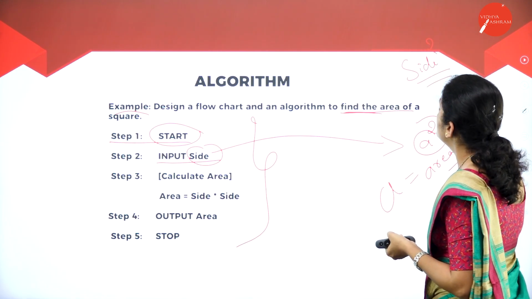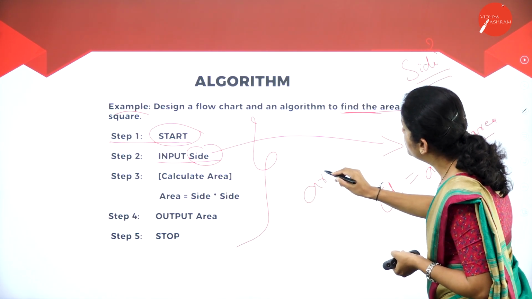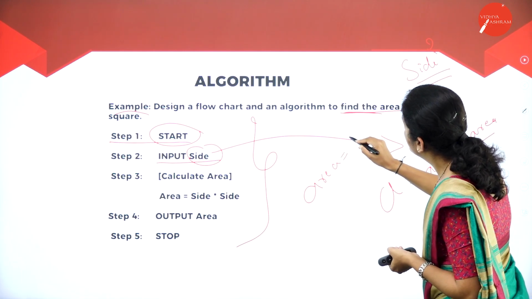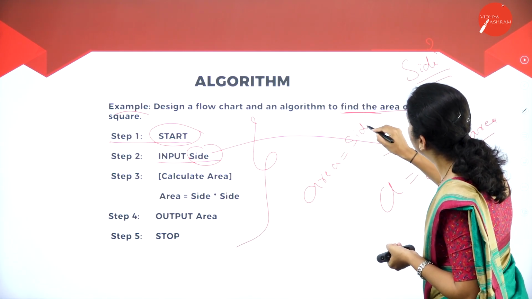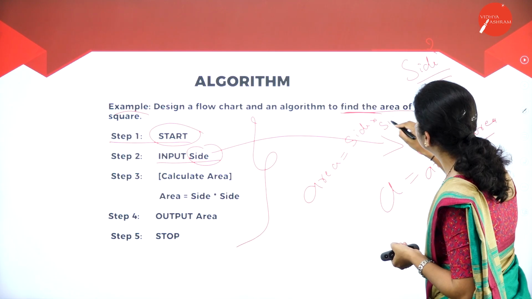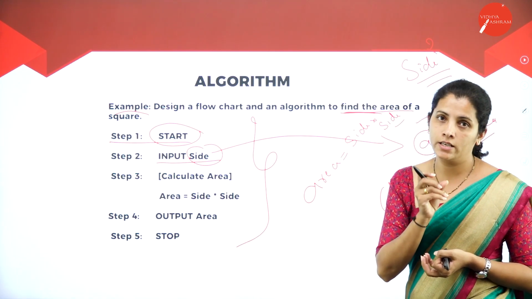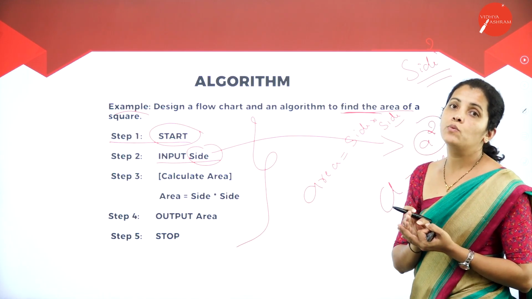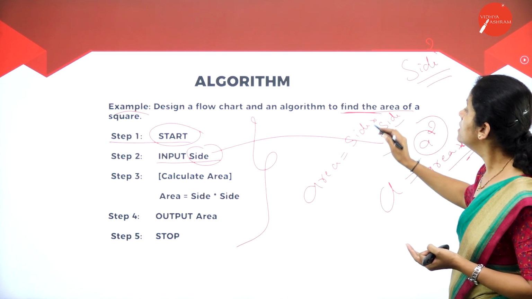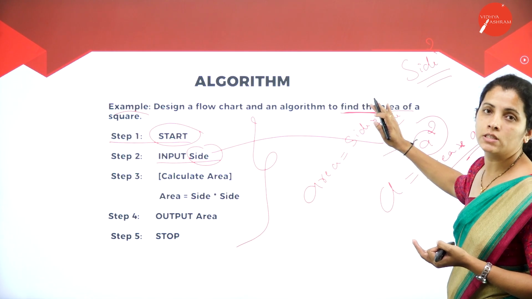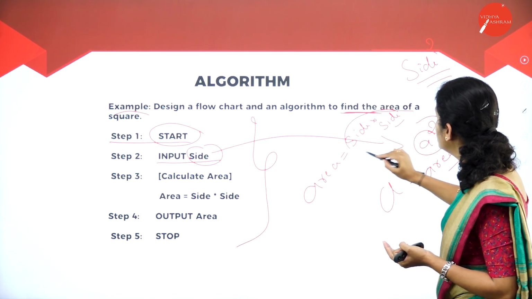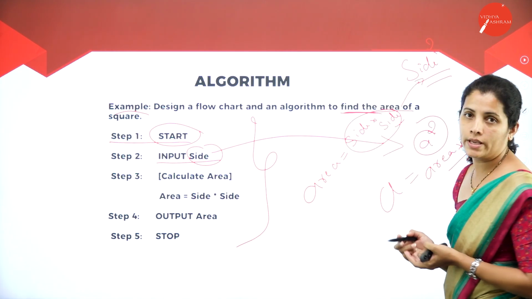So here area equals side into side, because I cannot directly write side square. So instead of that, I'm going to write side into side. That indicates that it is side square.